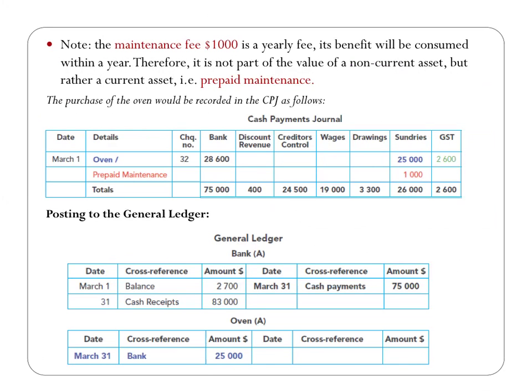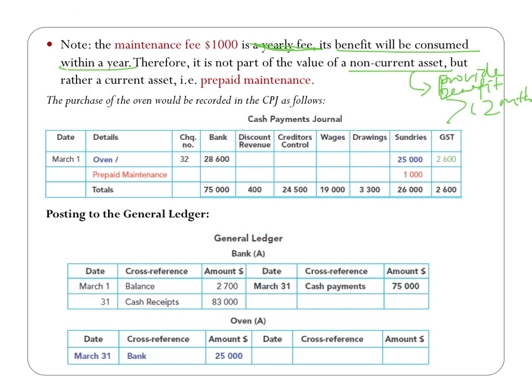The maintenance fee of $1,000 is an annual cost, a yearly fee. The key is the benefit will be consumed within a year. Therefore, it's not part of the value of the non-current asset by definition. The oven will provide you with benefit greater than 12 months.